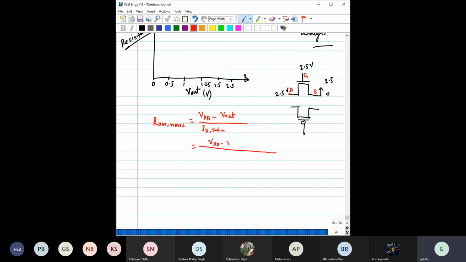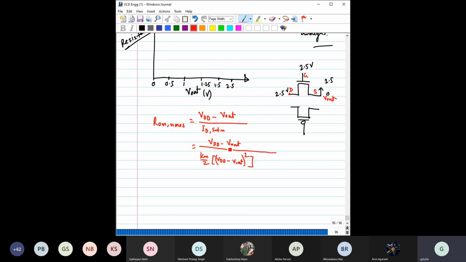It is VDD minus V out over ID sat. There will be some Kn term, right? Kn by 2 into VGS minus VTH, squared. VGS is basically VDD minus V out.